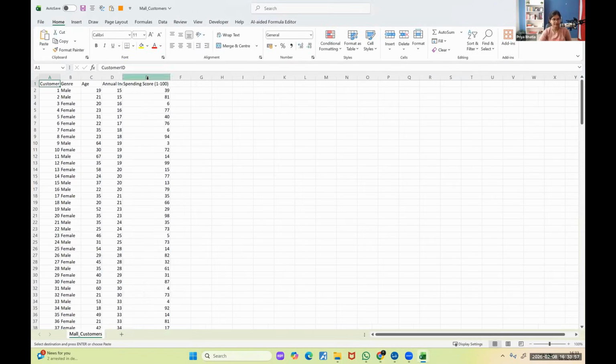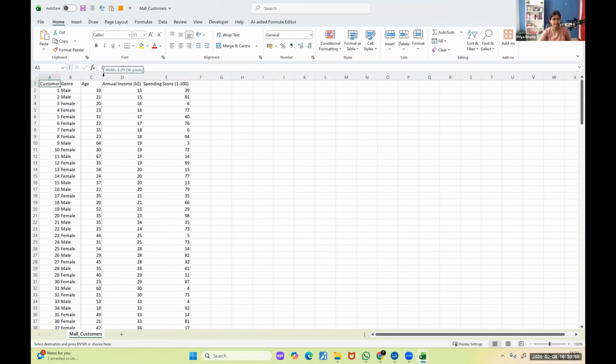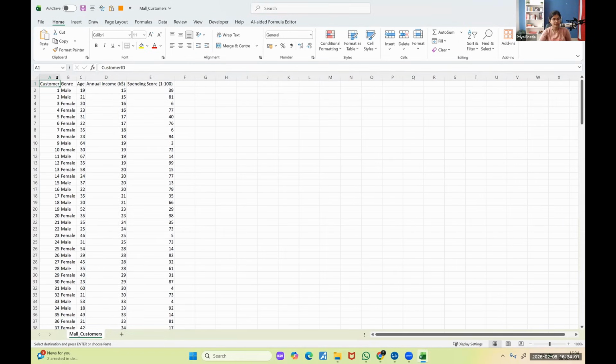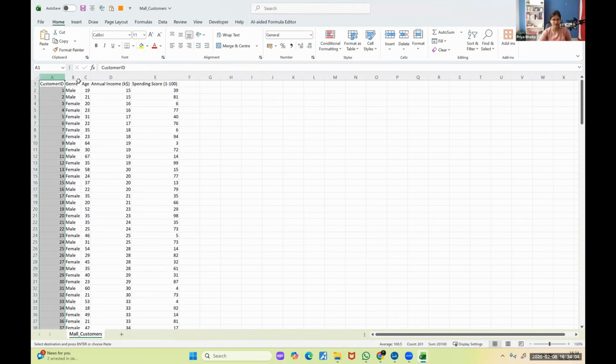You can see, let's say we have a list of customers, the gender of each customer, the age, annual income, and the spending score. Now, based on this data, I want to segregate these customers into three classes.